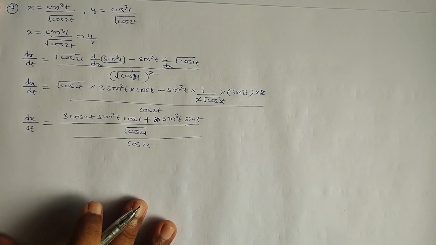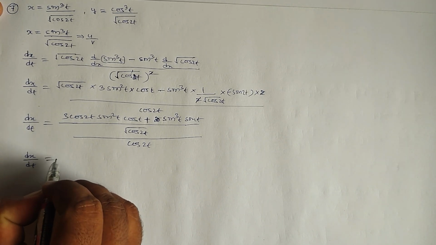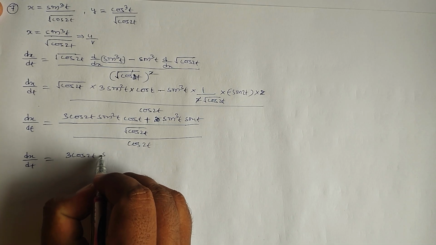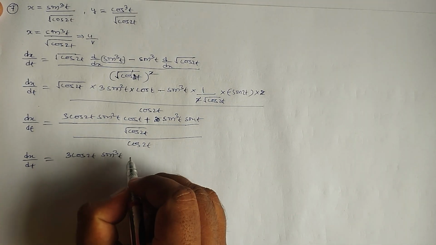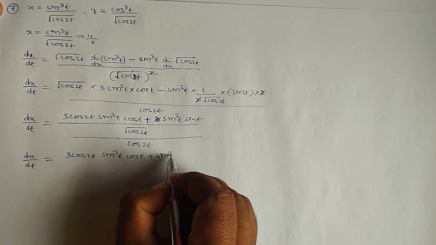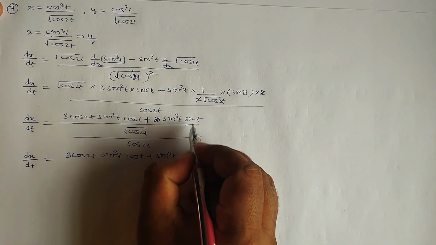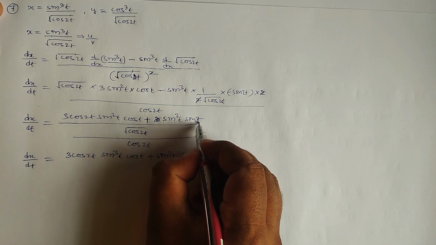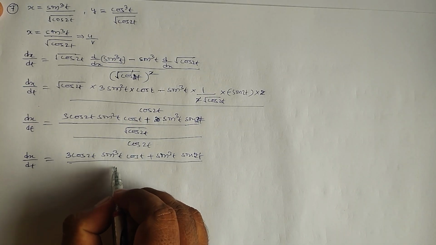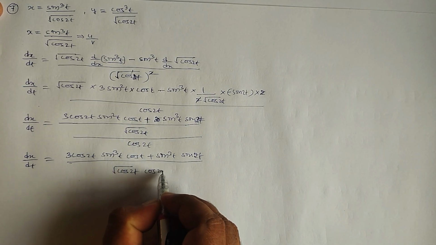So dx by dt equals 3 cos 2t into sin square t into cos t plus sin cube t into sin 2t, divided by root cos 2t into cos 2t.